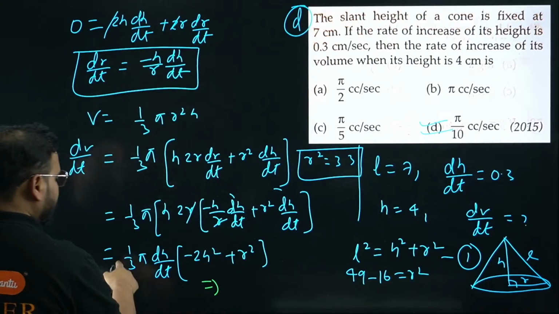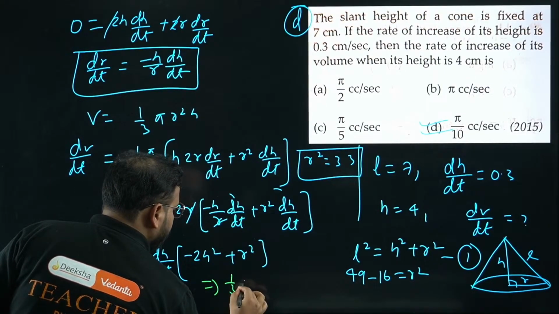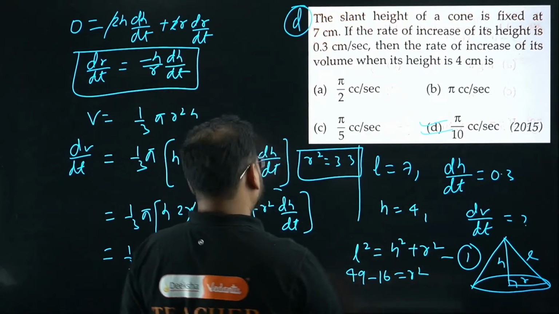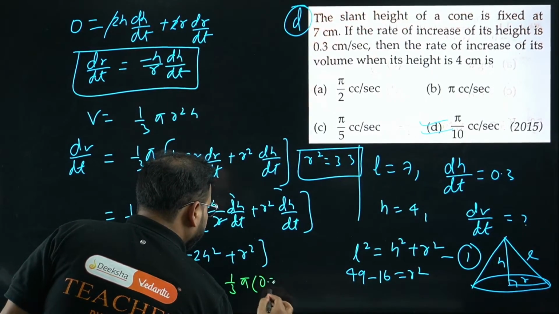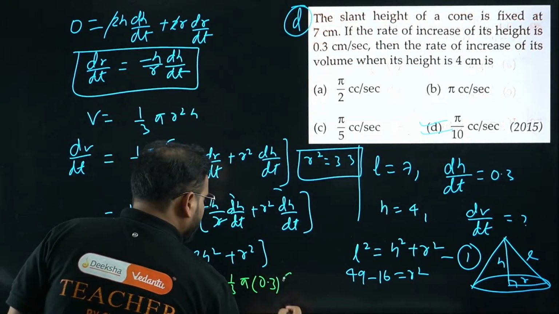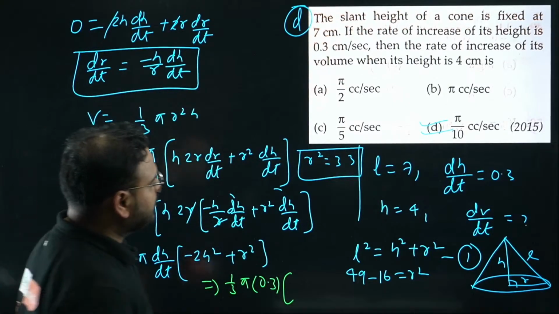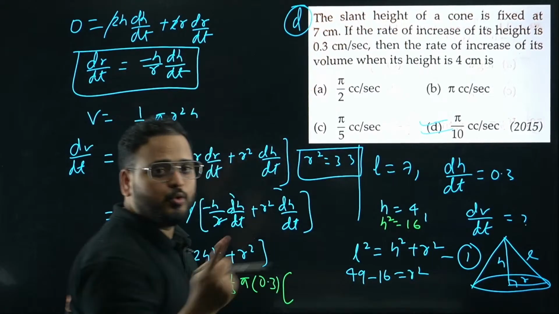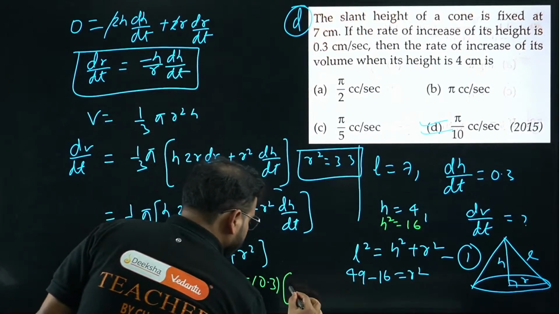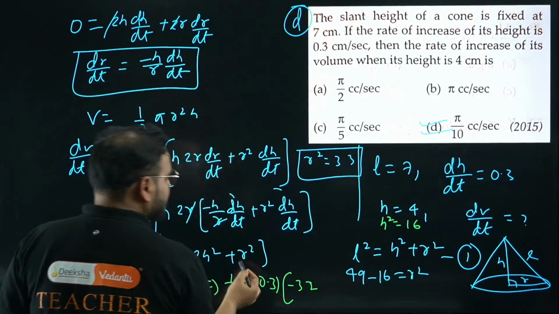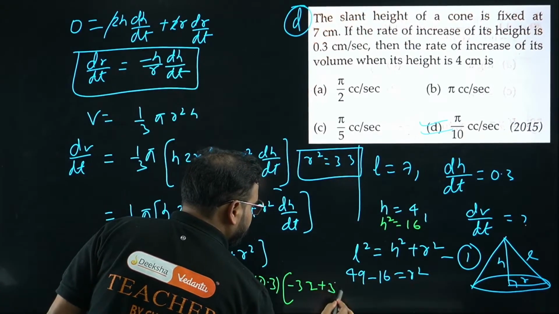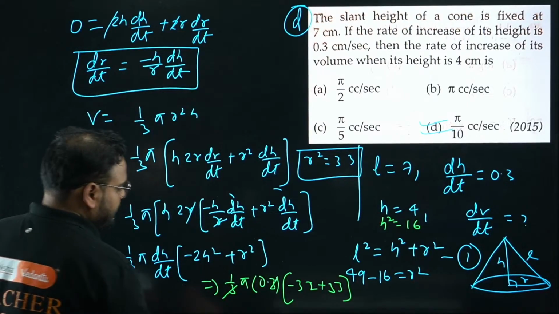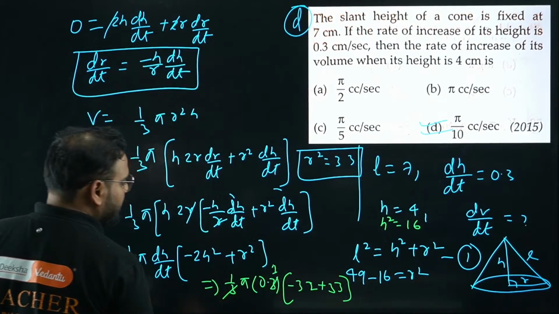I'll have this equals 1 by 3 pi, keep it here. dh by dt is given as 0.3. And in the last part we have 2 times h square, so h square is 16, into 2 gives 32, and r square is 33. So the 3 cancels with 0.3, and I have 0.1 into pi.